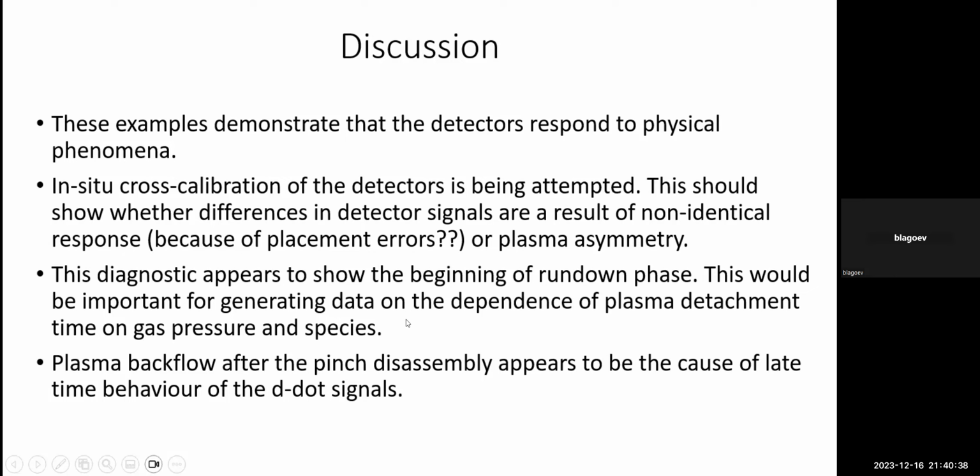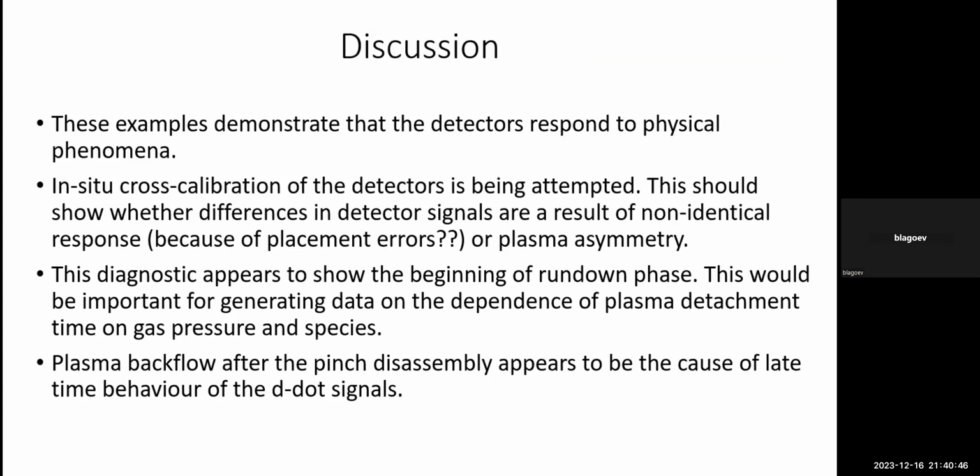Plasma backflow after the pinch disassembly appears to be... I cannot read from this picture here.